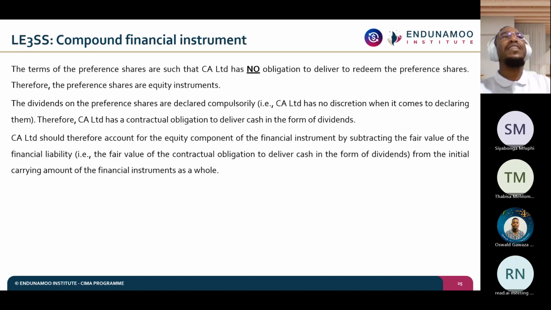They will then have to establish a fair value that is representative of the contractual obligation to deliver cash in the form of dividends. They will then have to subtract that fair value of the financial liability from the initial carrying amount of the instrument as a whole to arrive at the equity component. And that will then determine how they split the two amounts up.